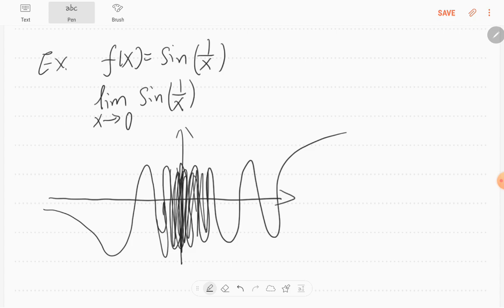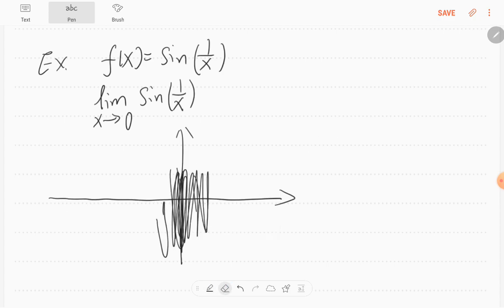Sorry, this is not a very good graph. Okay, so it looks like this one. So when x approaches 0, the values on the curve will oscillate between negative 1 and 1.